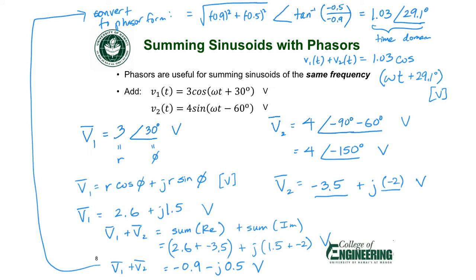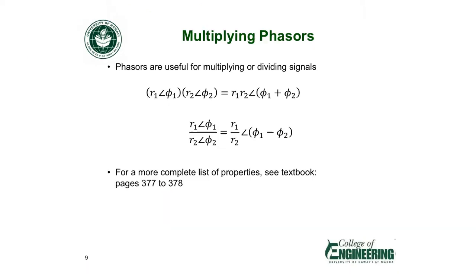But if you want to do multiplication or division, it does become a lot more convenient, because if we have the phasor representation of two signals, so now I'm not bothering to give you specific values, I just have R1 with a phase angle of theta 1 and R2 with a phase angle of theta 2. I don't have to convert to the complex number format.